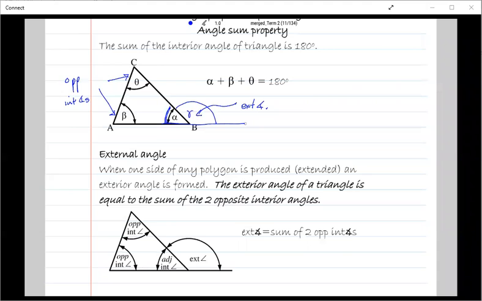In this instance, gamma, the exterior angle, would be equal to theta plus beta, which are the opposite interior angles. So the exterior angle of a triangle is equal to the sum of the two opposite interior angles.